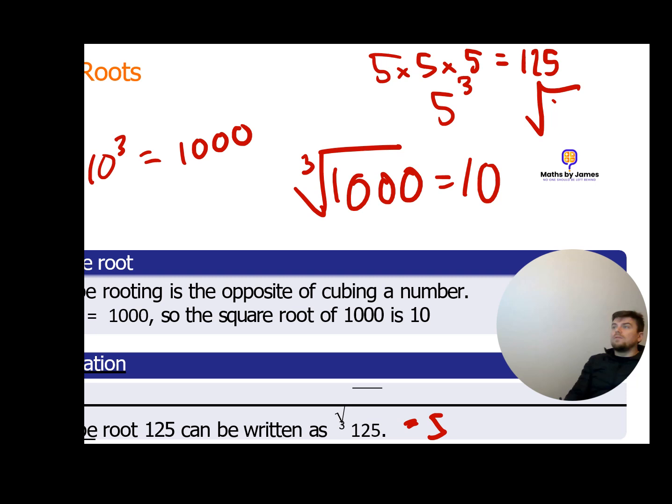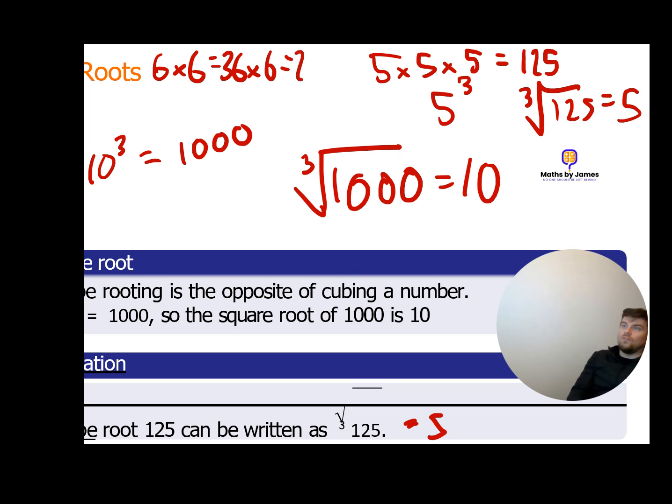And the cubic root of 216: 6 times 6 gives us 36, times 6 gives us 216. This means the cubic root of 216 is 6.